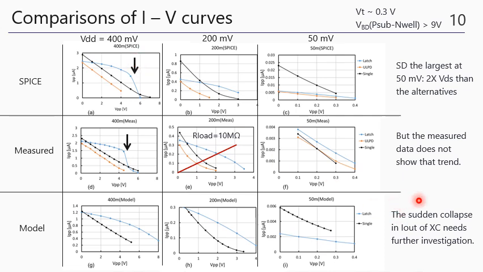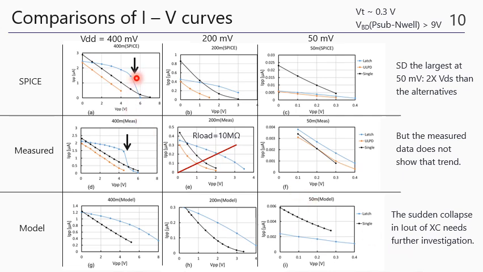Another question was the sudden collapse in I out of XC. So this collapse, the model has no such characteristic, but the SPICE and also the measurement show it.